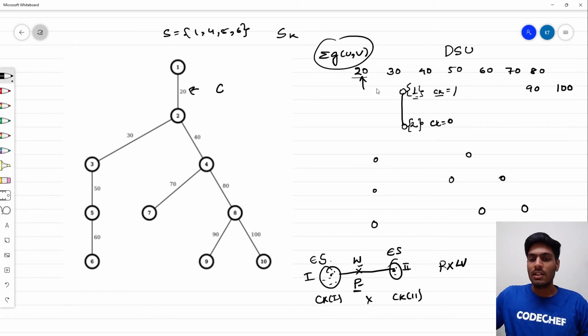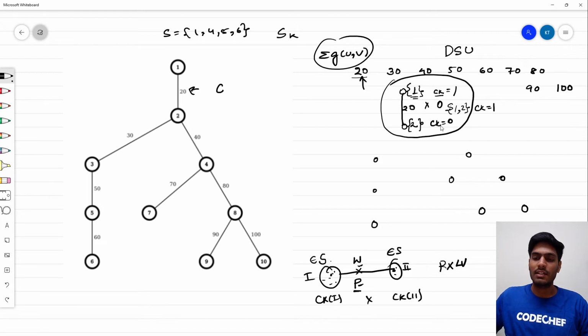So here 20 is the weight of the edge and the contribution is 1 times 0, that is 0. Now this has become one whole set and its CK remains 1, since 1 is the only vertex in the set.